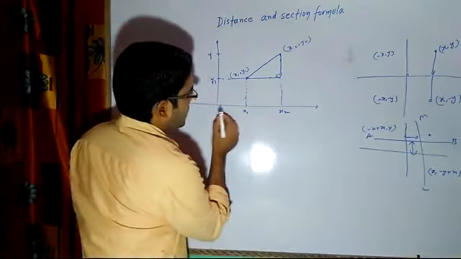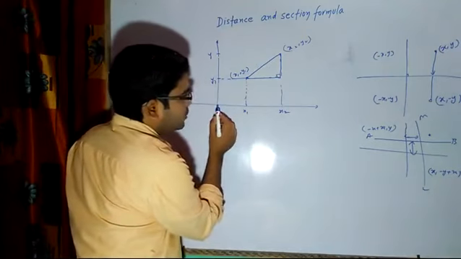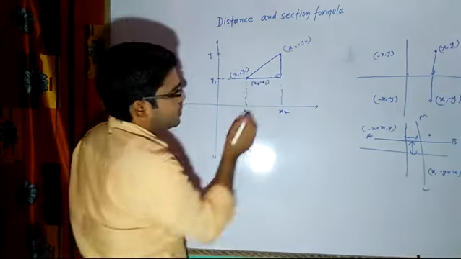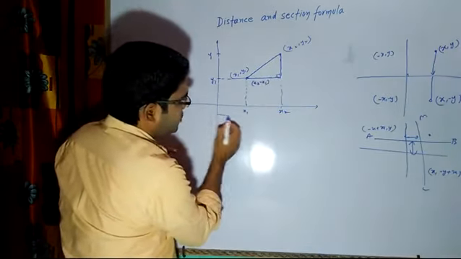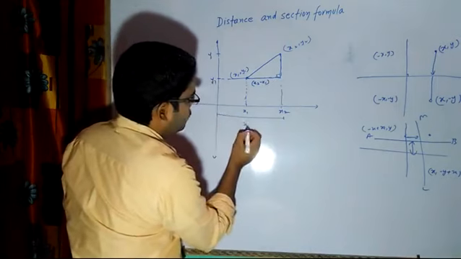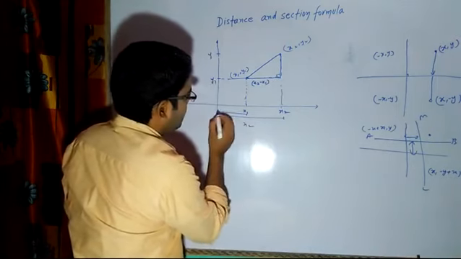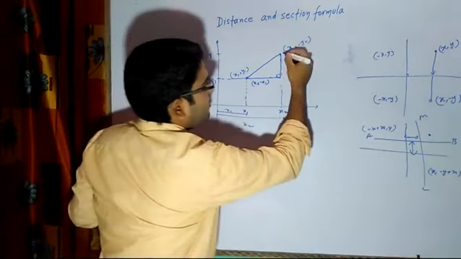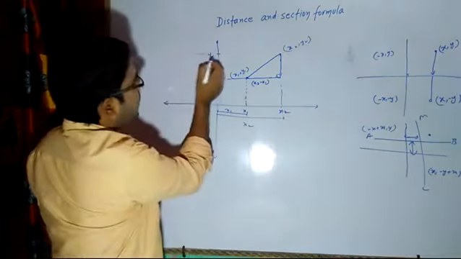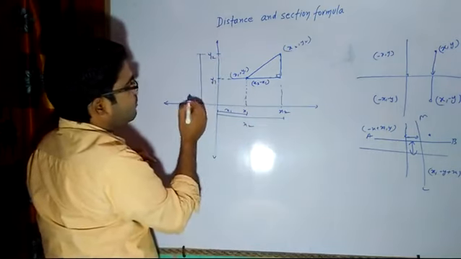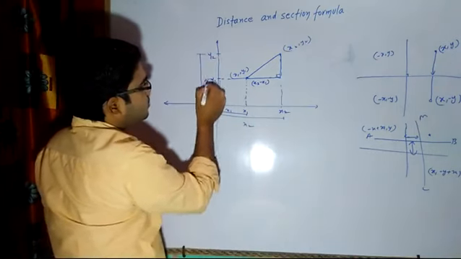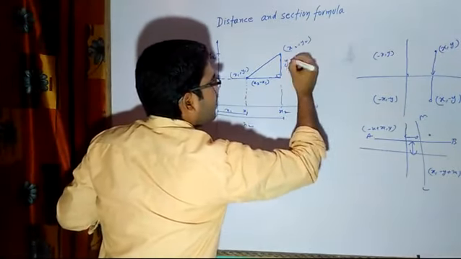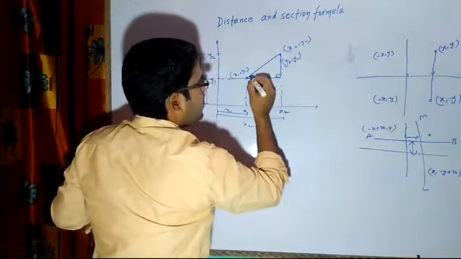From here to here it measures x2, and from here to here it measures x1. So this distance will be equal to x2 minus x1. Similarly, here we have y2 and y1, so y2 minus y1 will give me the perpendicular height, considering this angle as theta.